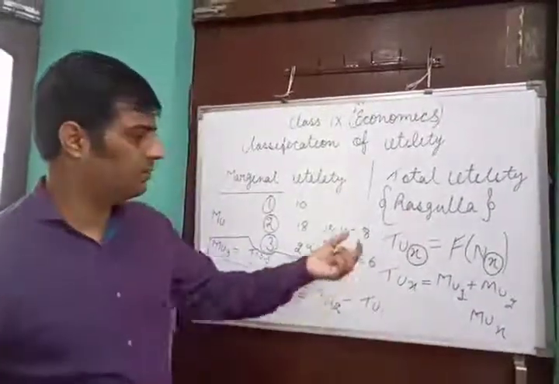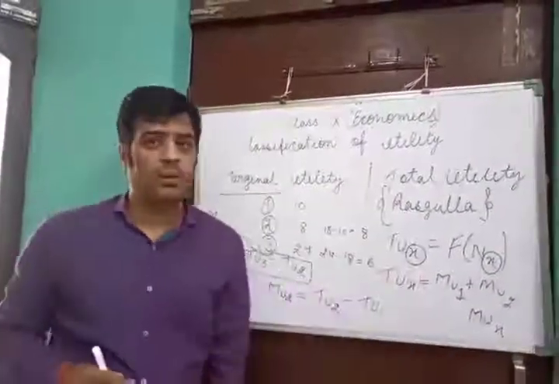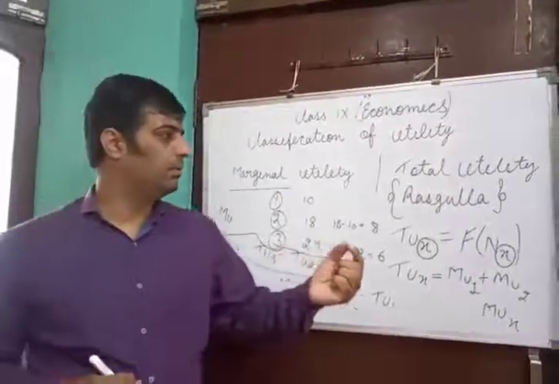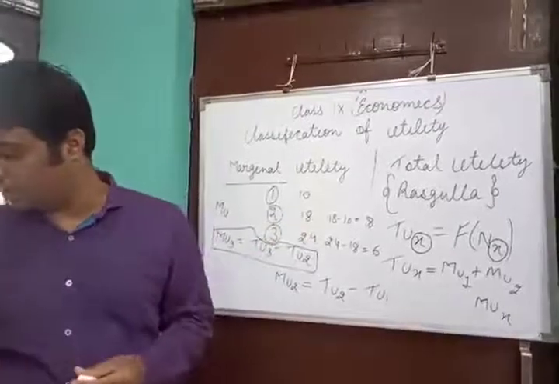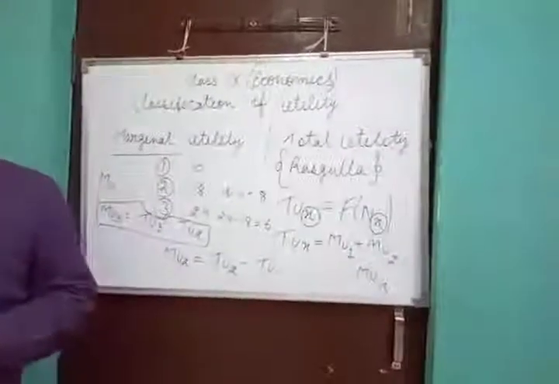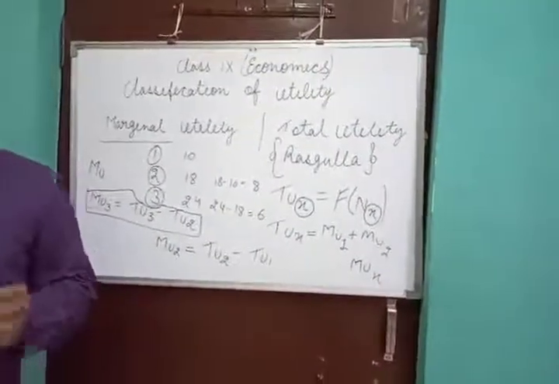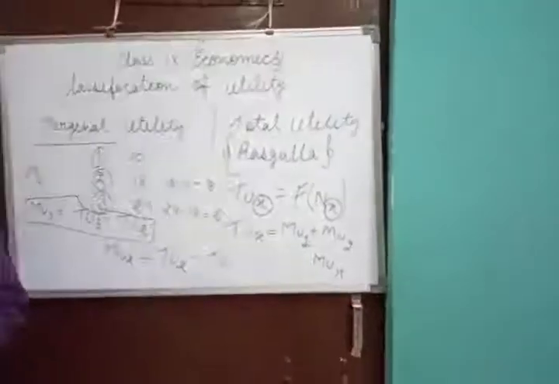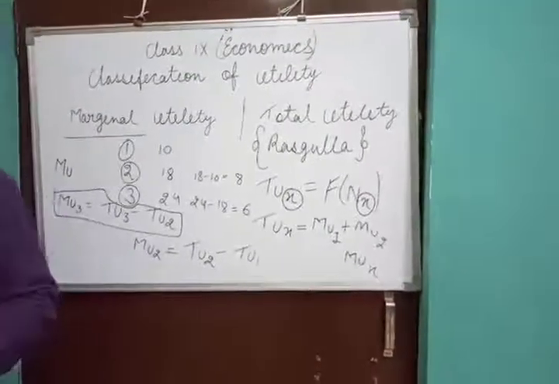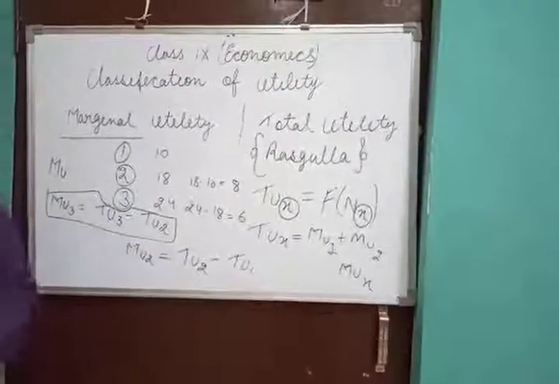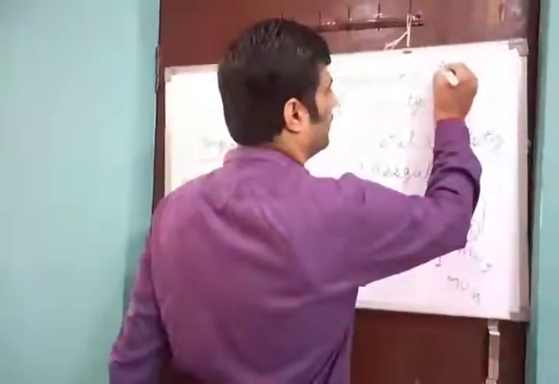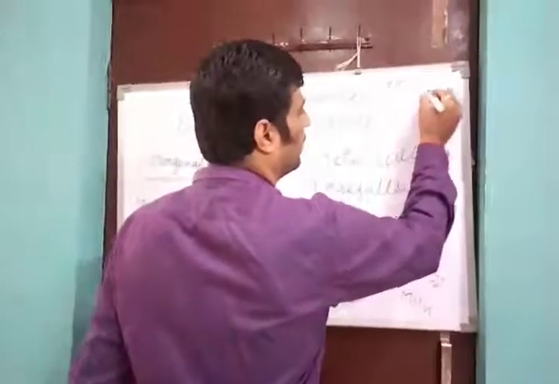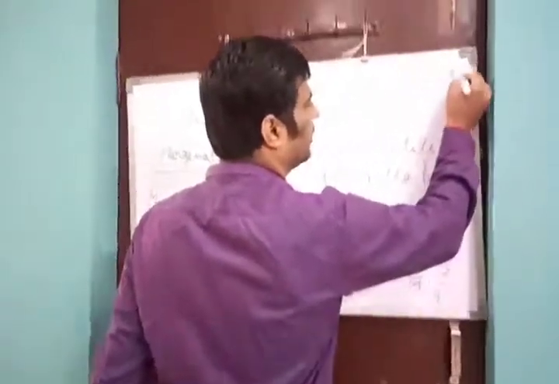We can also understand this with the layman example which is given in your book. Suppose somebody gets 10 utils from the consumption of the first chocolate.